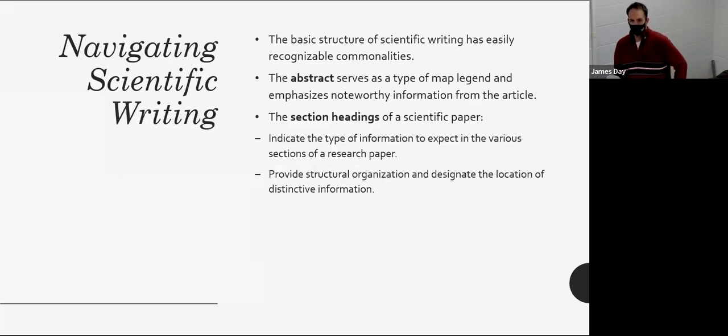So, the abstract. Nowadays even the abstracts are structured, which is nice. It gives us basically enough information to see whether or not we want to read the article. That's the purpose of the abstract.